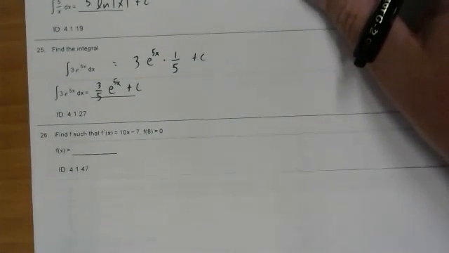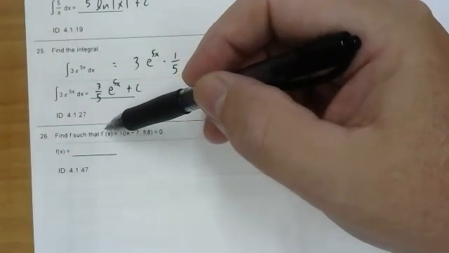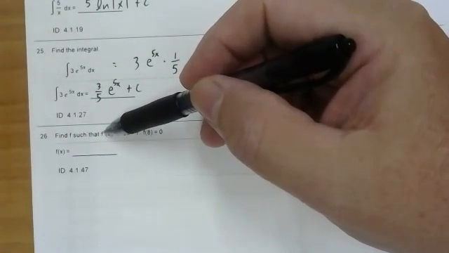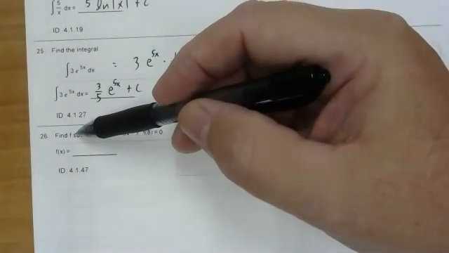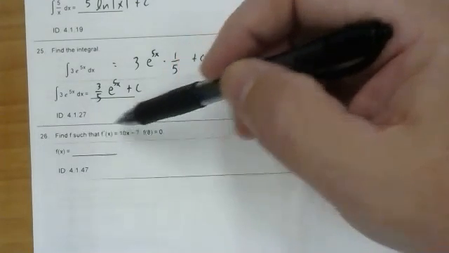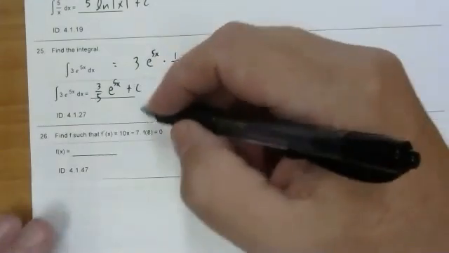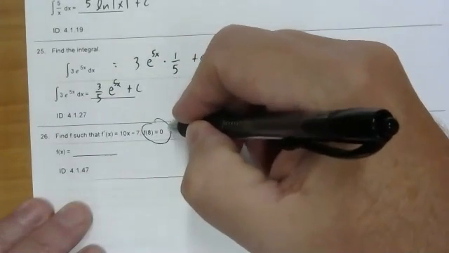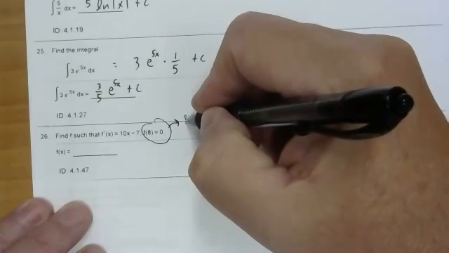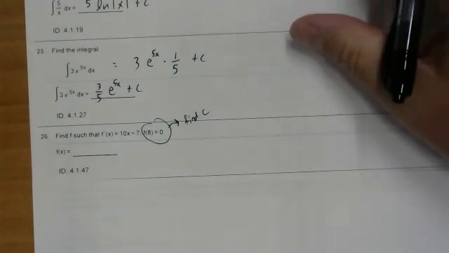Here's an example. They give us the first derivative function and ask us to find the original function. And then they give us an initial condition. That's going to be used toward the end of the problem.